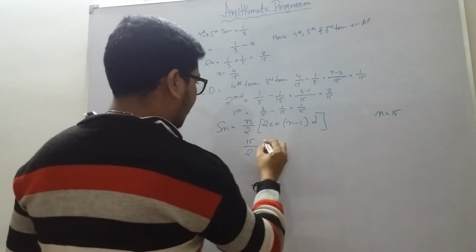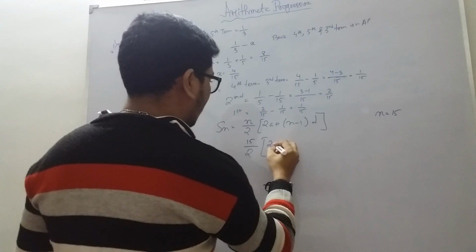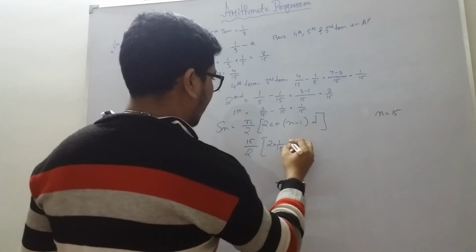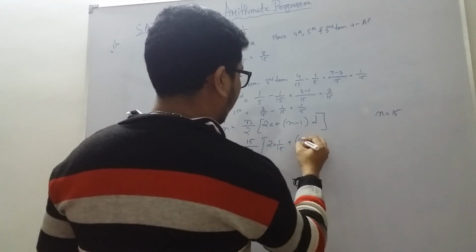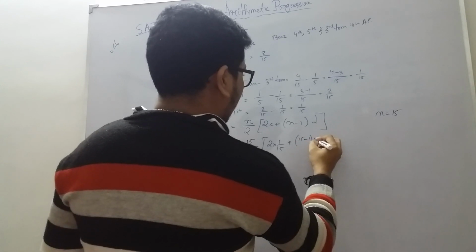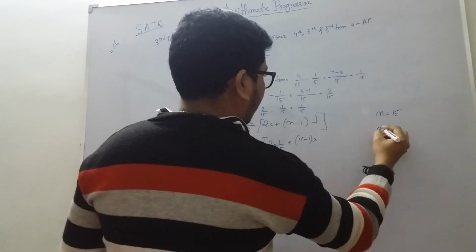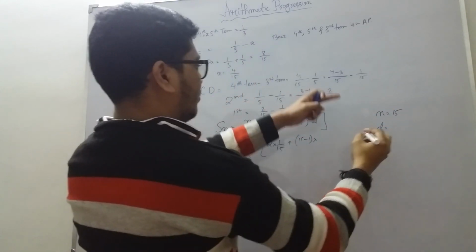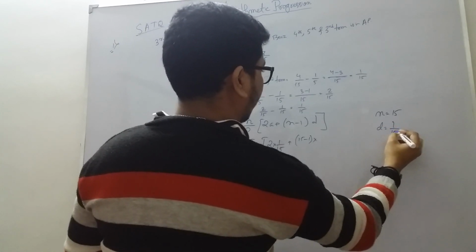So it's 15 by 2 into (2 into 1 by 15 plus (15 minus 1) into d), and d we already found is 1 by 15.